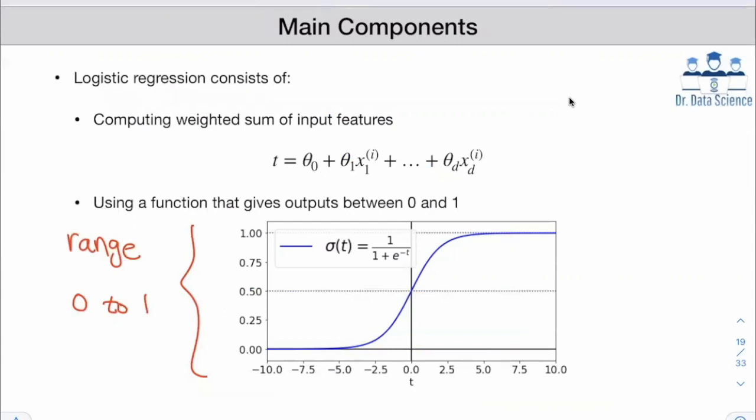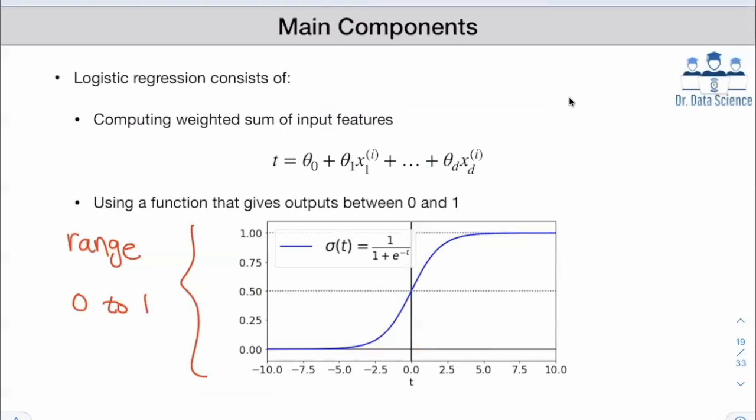We can use something known as the logistic function or sigmoid function, which is given here. The logistic function at any point t is 1 over 1 plus e to the negative t, where e here is the famous constant in mathematics, where e to the 1 is approximately 2.7.